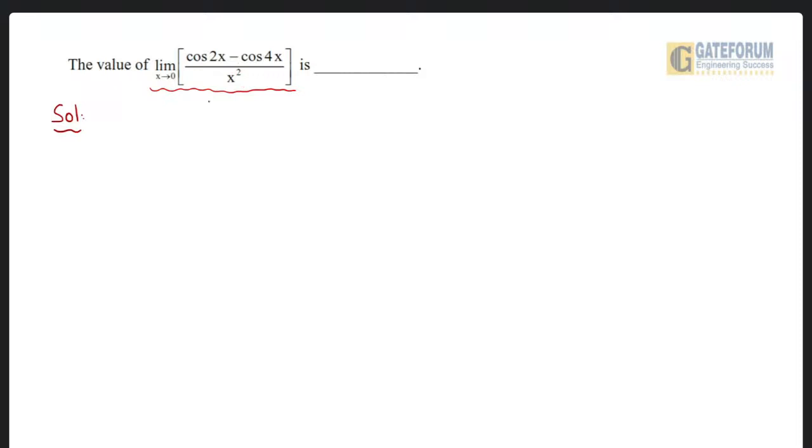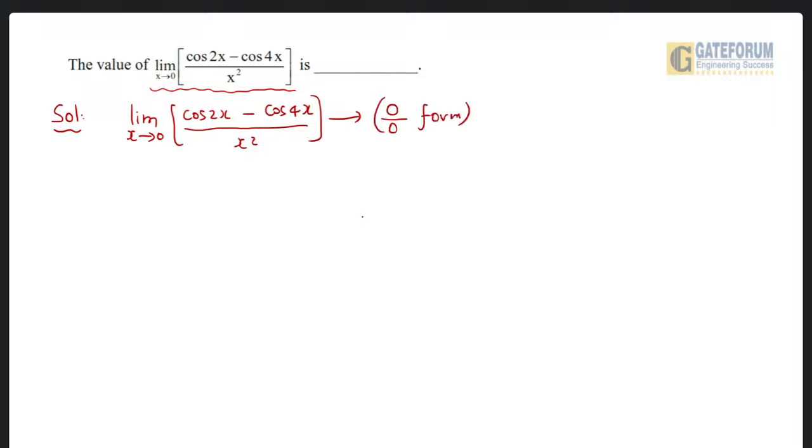Okay, so limit x tends to 0 of cos 2x minus cos 4x divided by x square is giving 0 by 0 form. Now apply L'Hospital's rule, that is, differentiate the numerator as well as the denominator with respect to x.